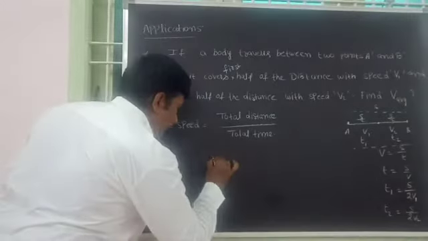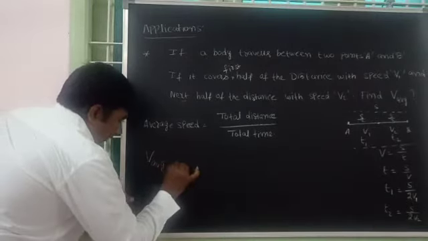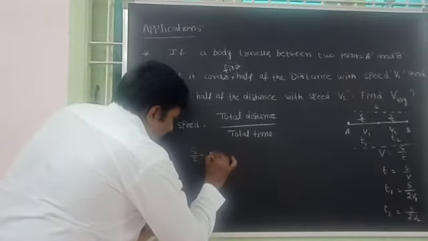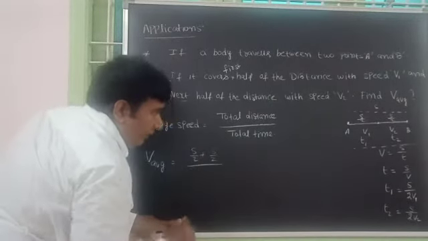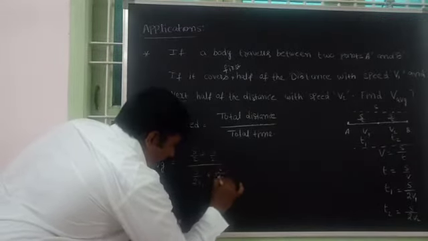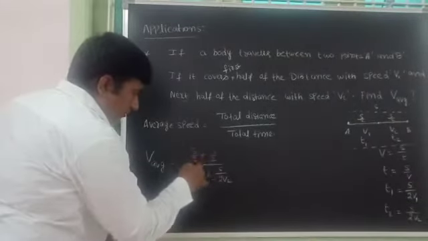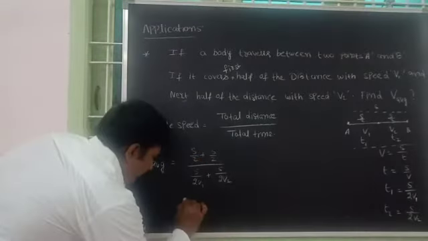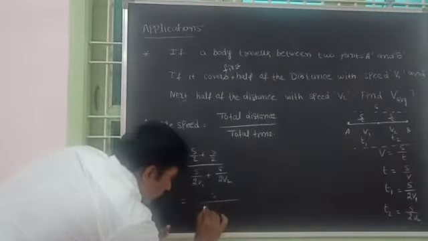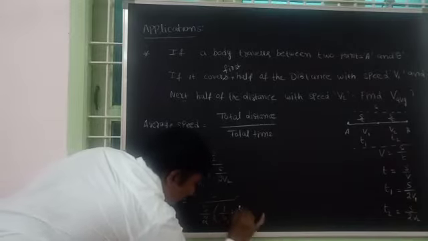So V average equals S by 2 plus S by 2, divided by S by 2v1 plus S by 2v2. Here we should not get confused. S by 2 plus S by 2 gives S, and in the denominator we take S by 2 as common: S by 2 into 1 by v1 plus 1 by v2.